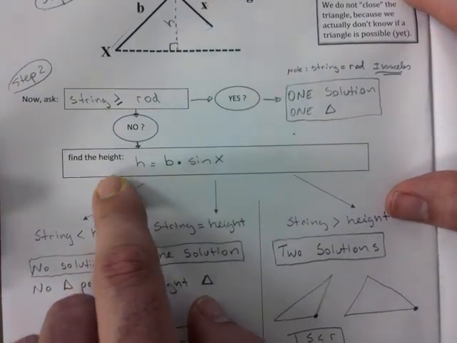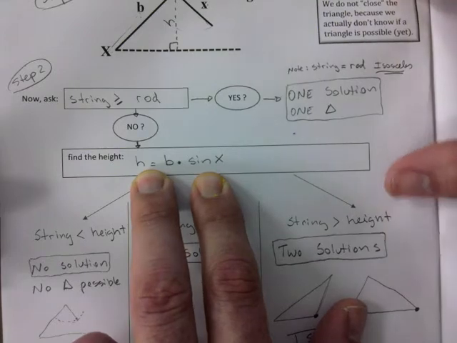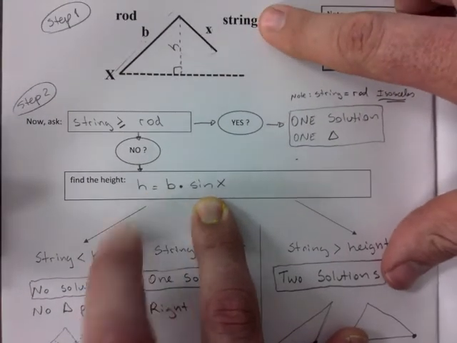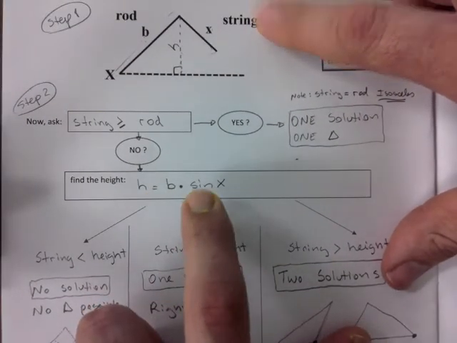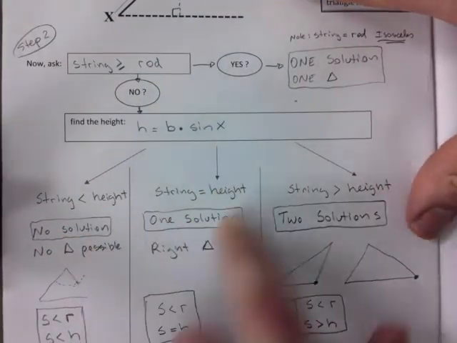But if it happens that the string is not larger than the rod, if it's less than, then you need to find the height, and you need to compare the string up here to the height. So only one of these branches is going to be possible.